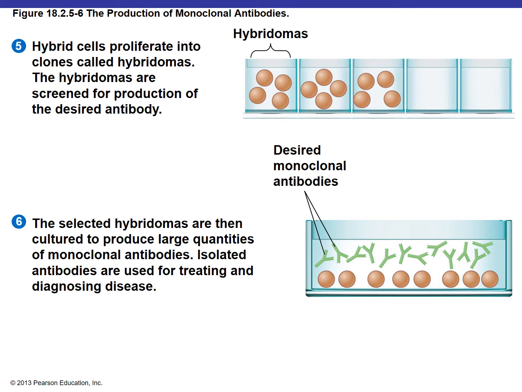The antibody would be secreted into the culture media, and it could just be removed from the culture media. If you did a couple of purification steps, you would have the monoclonal antibody that you can use for many of the diagnostic tests that we are going to be talking about.